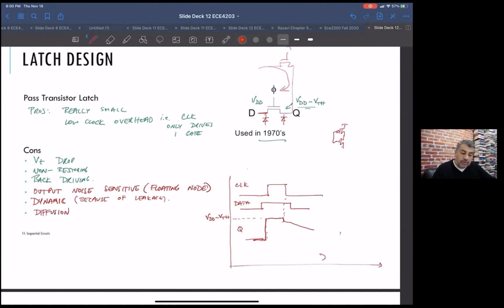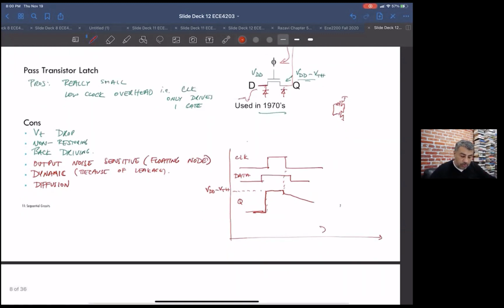For example, if for noise reasons you had a low-going glitch a few hundred millivolts below ground, which could happen because of power supply noise or other crosstalk, you could have some serious problems because you're dealing with diffusion and not gates. You could actually dump charge or lose charge to the substrate, which has lots of issues. So this had lots of problems, but it was small.